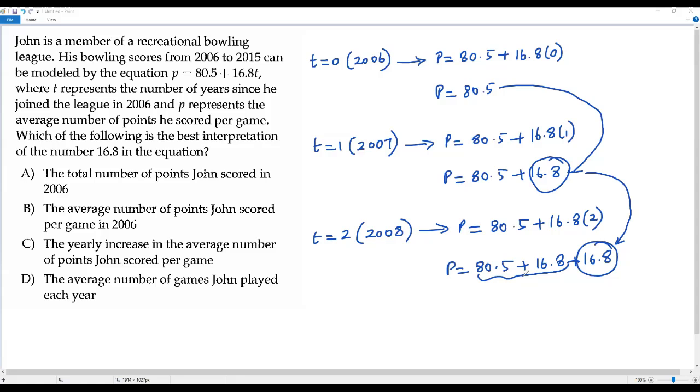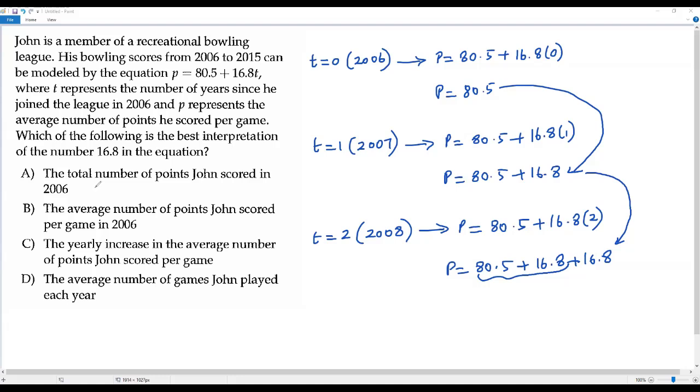So let's keep this in mind and go over the answer choices. Let me go over answer choice A, the total number of points John scored in 2006. According to the question, we have to find the best interpretation of the number 16.8. Choice A says 16.8 represents the total number of points John scored in 2006. That's incorrect.